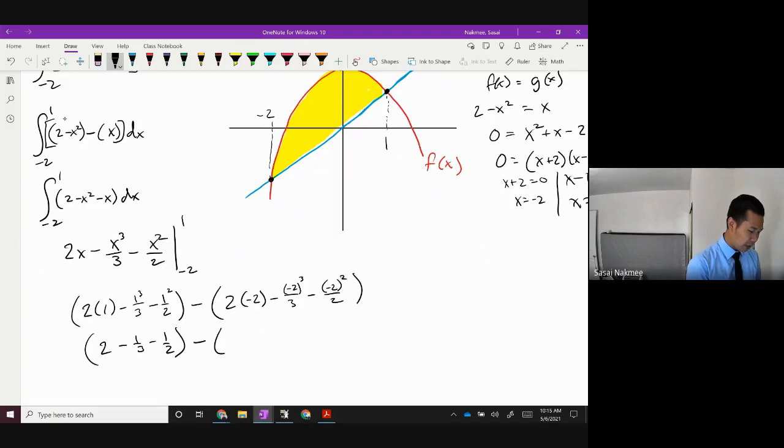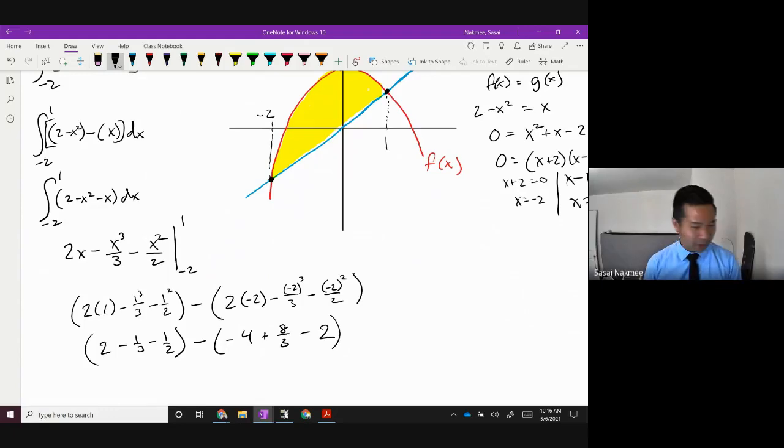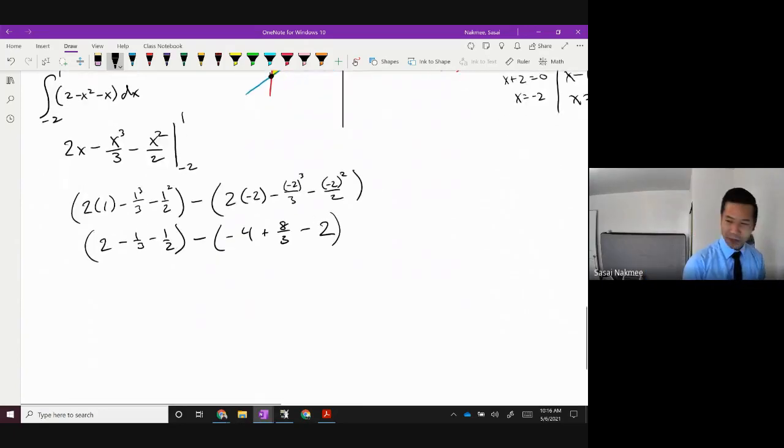Over here, I'm going to end up with negative 4. That's going to become a plus 8 over 3. That's going to become a minus 4 over 2.